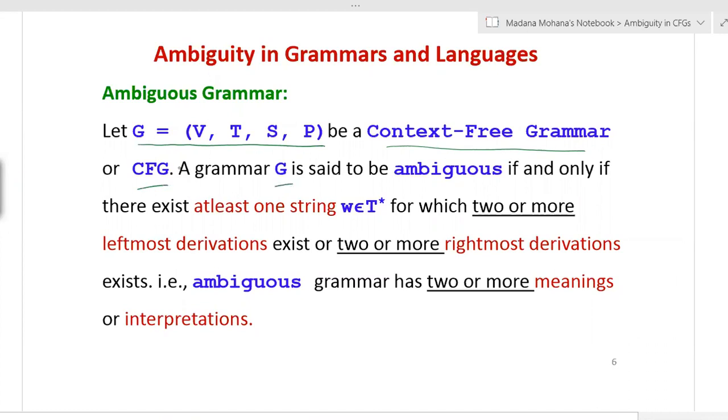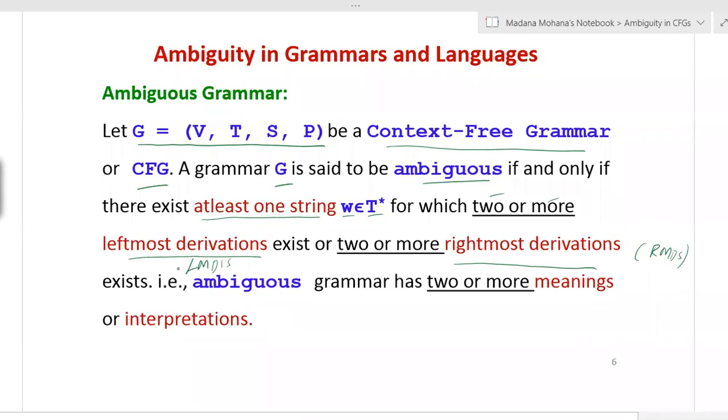A grammar G is said to be ambiguous if and only if there exists at least one string, let us say w, belongs to T closure, where T closure is a string of terminals, for which two or more leftmost derivations, that is LMDs, exist, or two or more rightmost derivations, RMDs, exist.